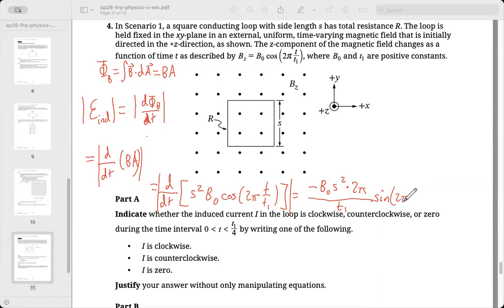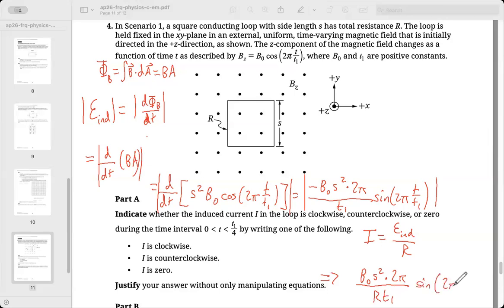Since current is equal to voltage over resistance, that is going to give us I equals B0 s squared times 2 pi over R T1 times sine of 2 pi t over T1. There we go.